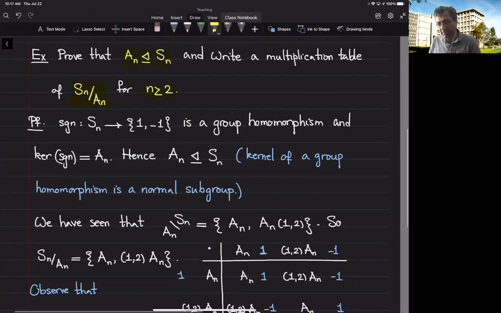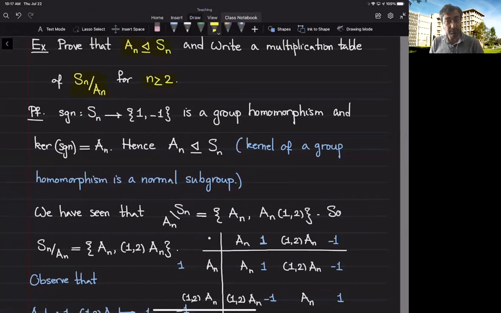Let's start by showing why A_n is a normal subgroup. What is A_n? A_n is the kernel of the sign function. Alternatively, I can say it is the set of all even permutations. But for the purpose of this example, it's better to think about it as the kernel of the sign function.